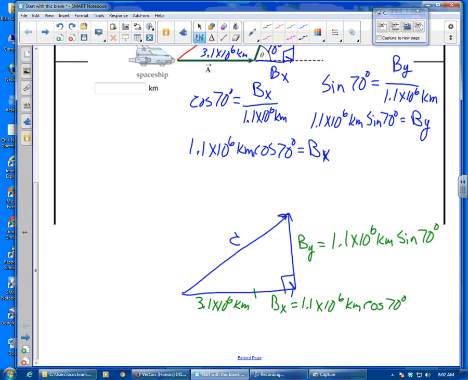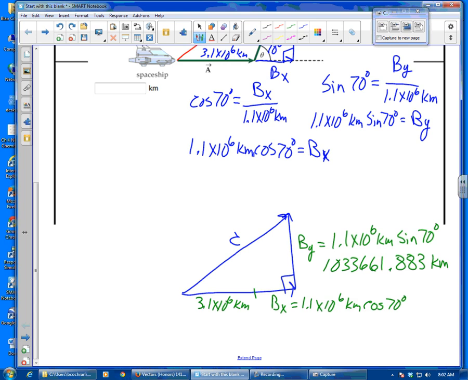And now, this is the point, I'm going to pull out my calculator and see what those values are. So 1.1 e to the 6 sine 70 is, for me, 1033661.883 kilometers.